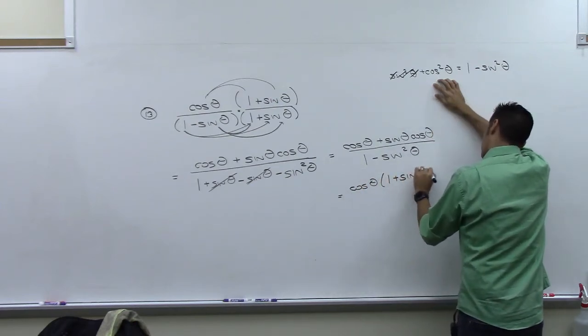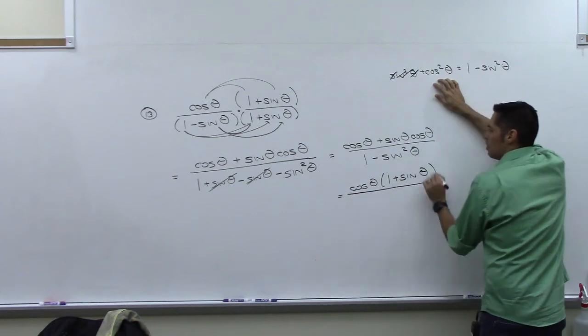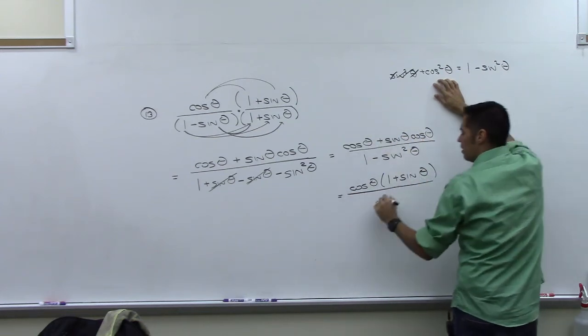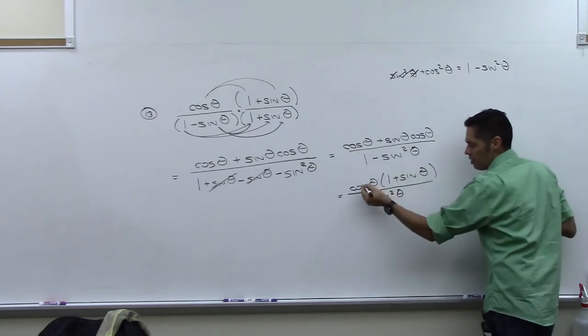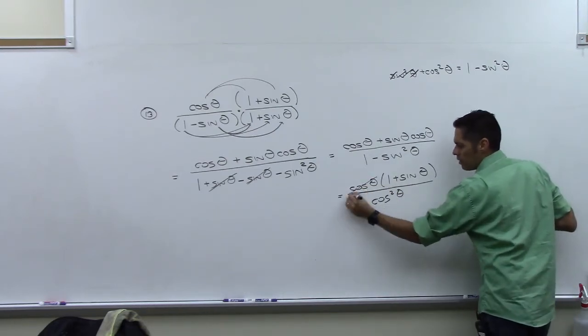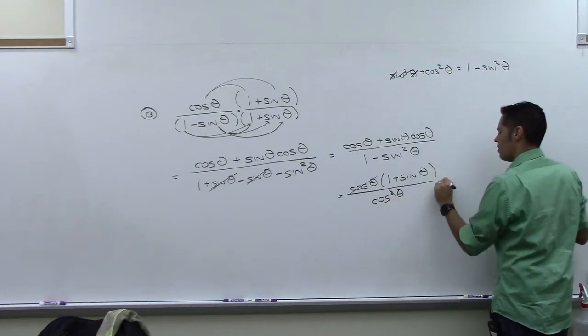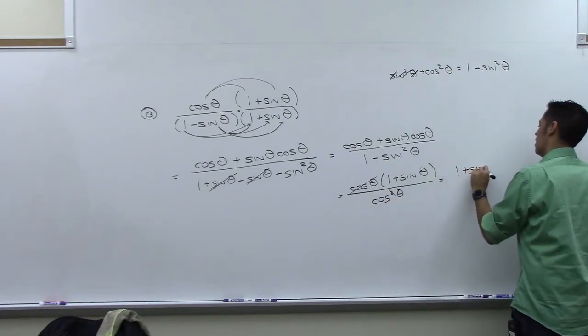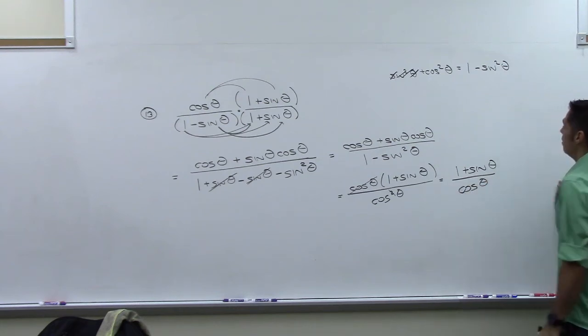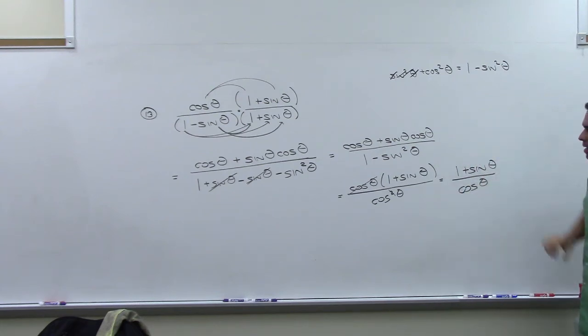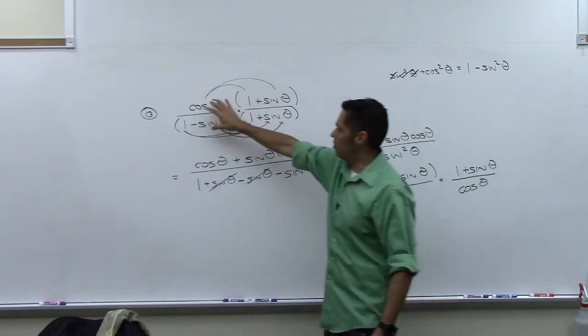I did something there on purpose. On the top, I factored a cosine out. And the reason why I did is because I know I have a cosine squared on the bottom. And if you have cosine theta over cosine squared, one of the cosines cancels. And so all you're left with is 1 plus sine theta over that single cosine factor that was still in the denominator. So this is what we get when we multiply this expression by this.